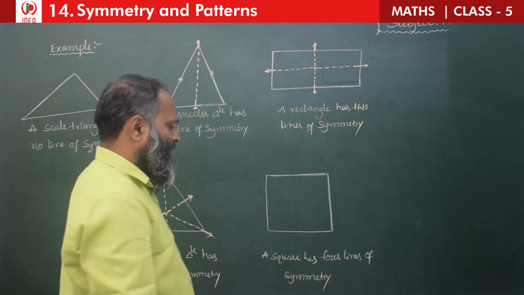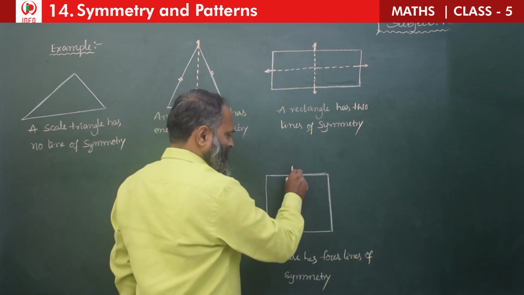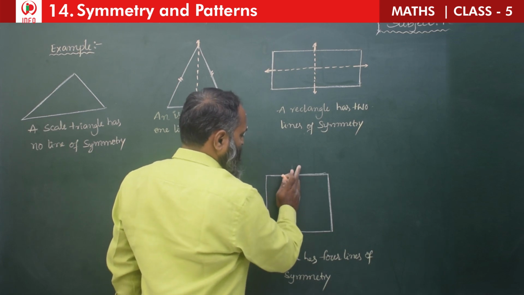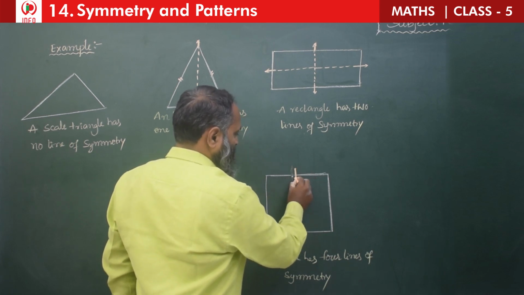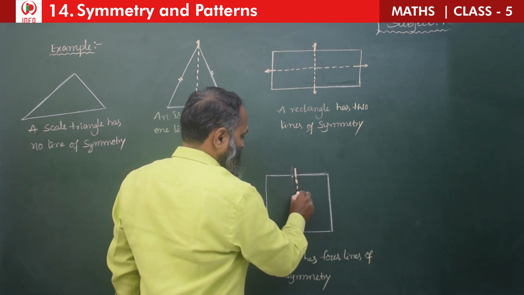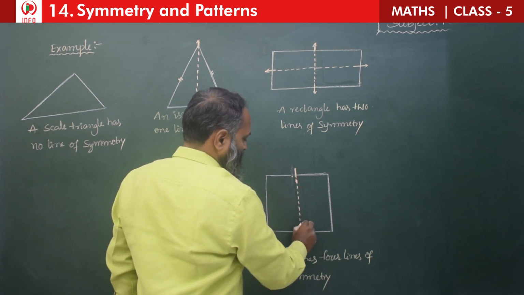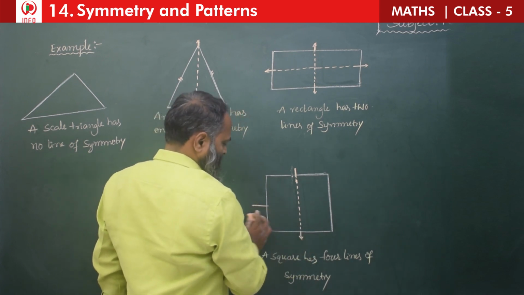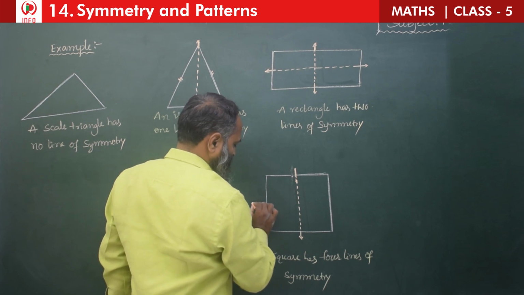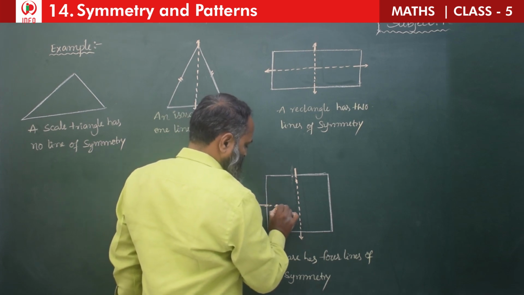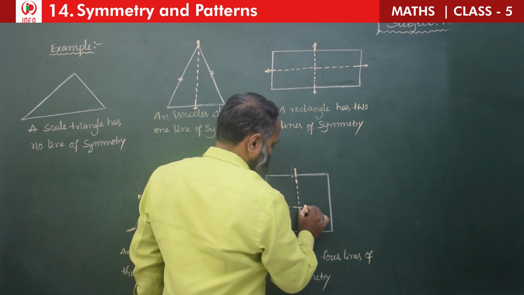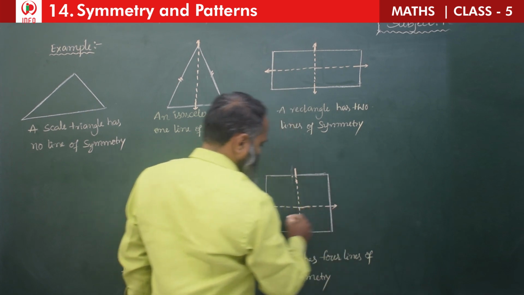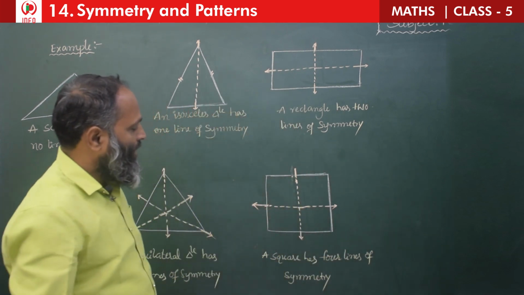In a square we have four lines of symmetry. One is a vertical line, which we take from the middle. This is one vertical line, this is a line of symmetry, which divides the square into two equal halves. Then one horizontal line.